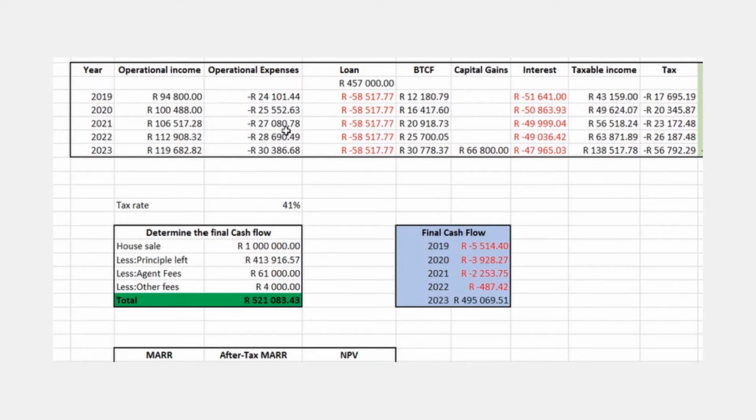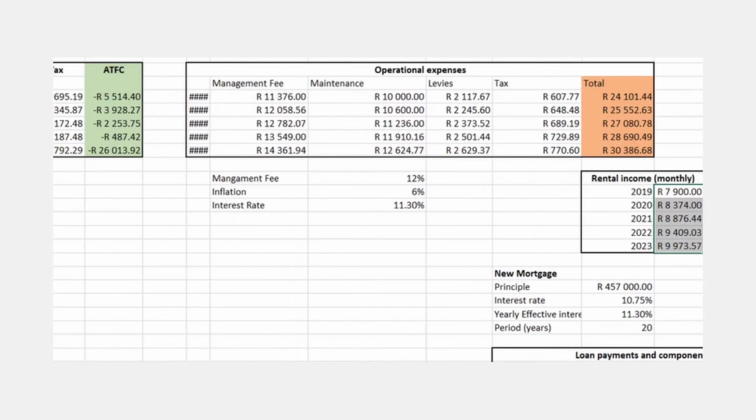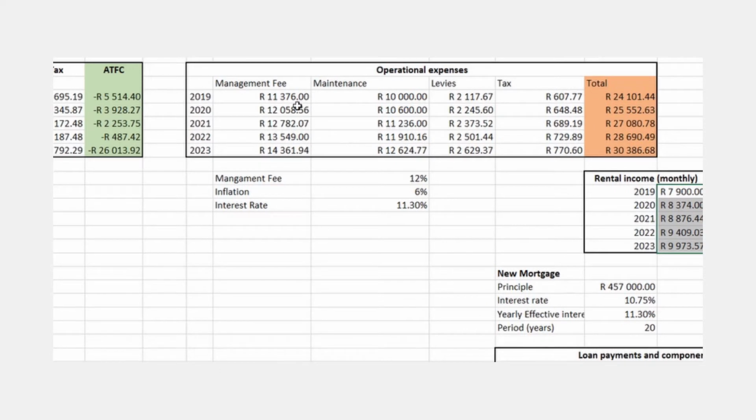income. To determine our operational expenses, we come over here to this table, and we can actually determine this by looking at the management fee that we pay to our rental agent, which is about 12% that we have over here. And then when we have to pay maintenance, we estimated maintenance to be about 10,000 Rand in the first year, and then just made adjustments for inflation each year.